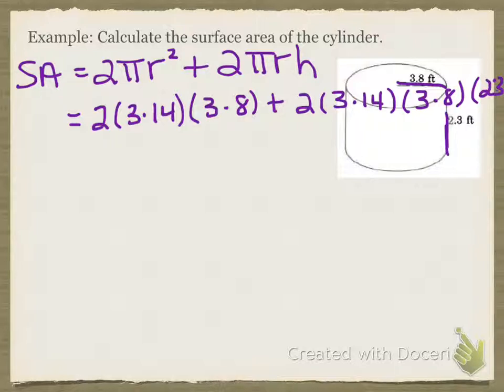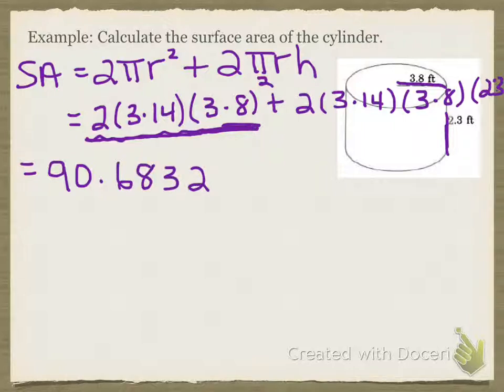So what we do next, forgot my squared term, what we do next is we actually work it out. Well, remember that 3.8 squared means 3.8 times 3.8. So if I work out this entire piece, 2 times 3.14 times 3.8 squared, I would get an answer of 90.6832. And I need to add to that this side, which is 2 times 3.14 times 3.8 times 2.3.